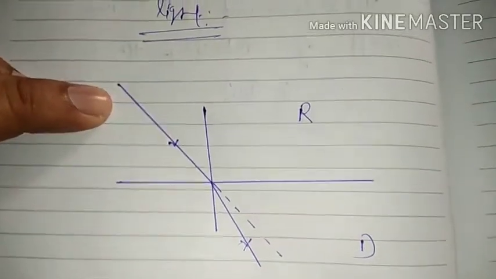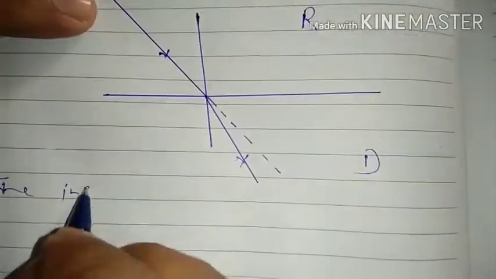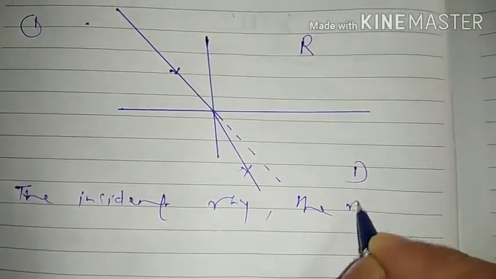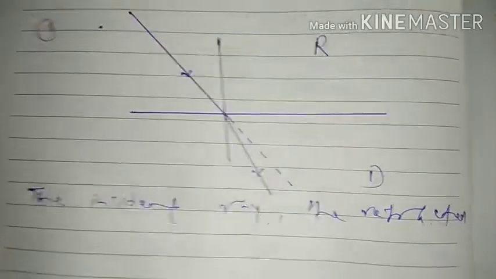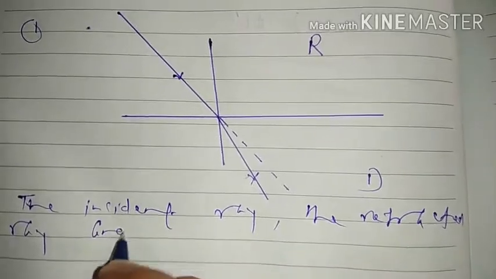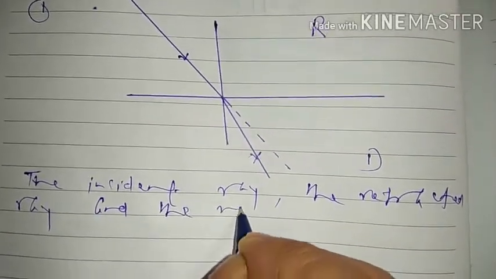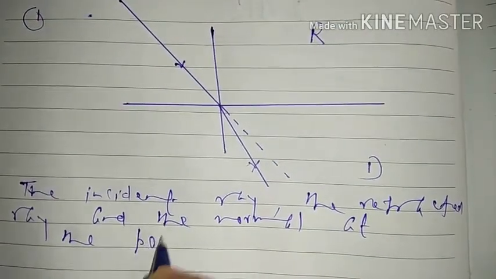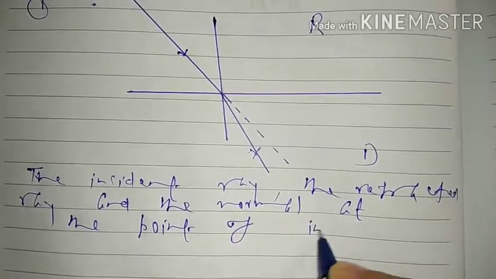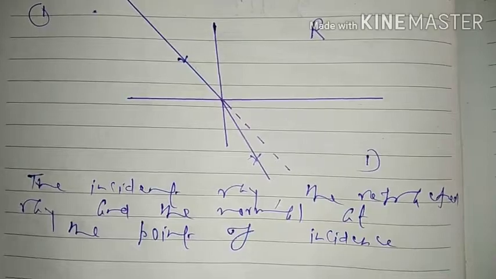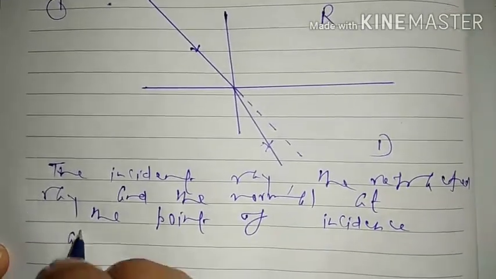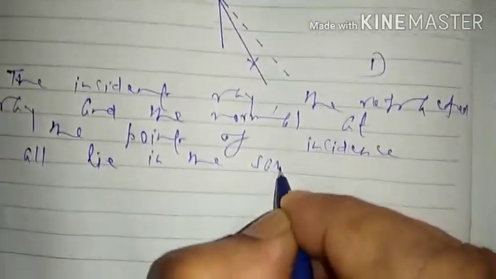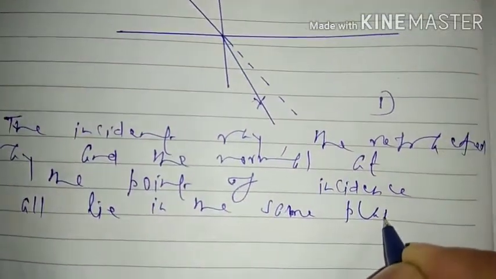First law states that the incident ray, the refracted ray and the normal at the point of incidence all lie in the same plane.